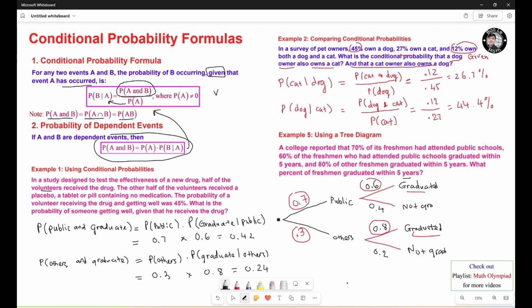Now the probability of graduate equals this one plus this one. So it's 0.42 plus 0.24, and it's going to be 0.66, or 66%.